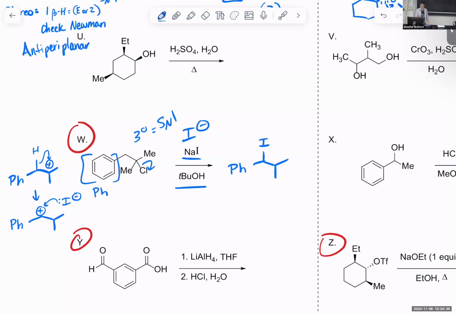And again, because you get those carbocations, you have lost the stereochemistry, so you just do all straight lines any time you saw the carbocation. Cool. Any questions about W? All right.